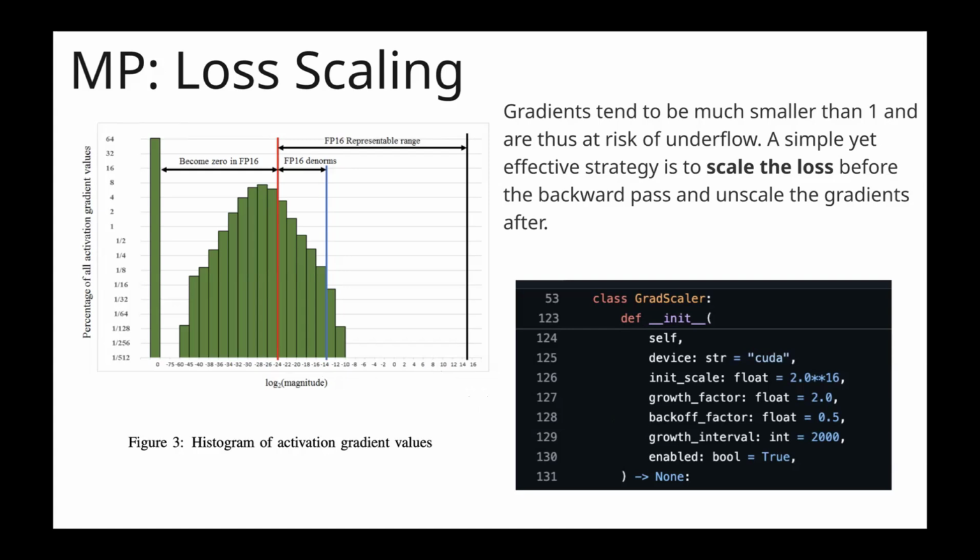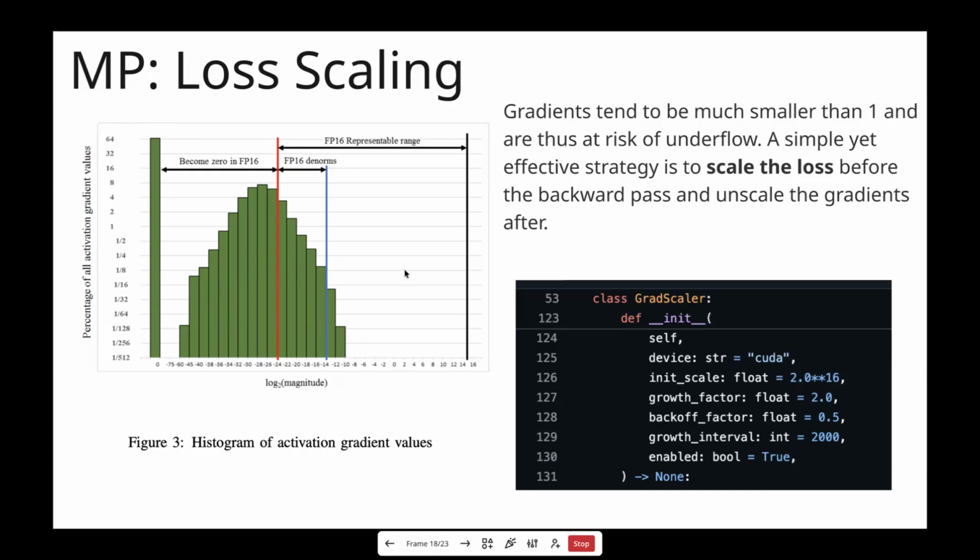And how this method worked is that you have some init scale, which is the initial value. You try this. If you get underflow or overflow, overflow is when the number is very large and cannot be represented, so it goes right here. And underflow is what I explained, when you are to the left of this red bar and you become 0 in FP16. So you can easily write heuristics to detect both these cases.